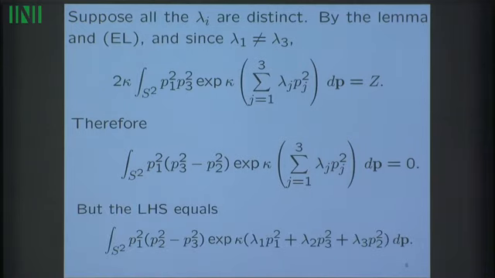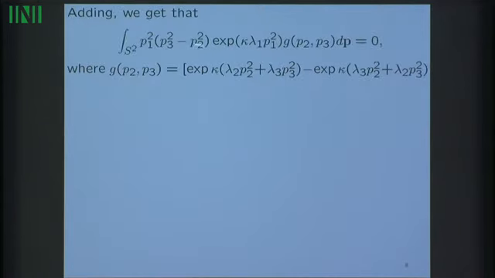But here you can swap 2 and 3, integrating over the sphere, because the area element on the sphere is invariant to doing that. So therefore, we also have that this is true. And we add them together, and we get that this integral is 0, where g is the difference between these two exponentials.